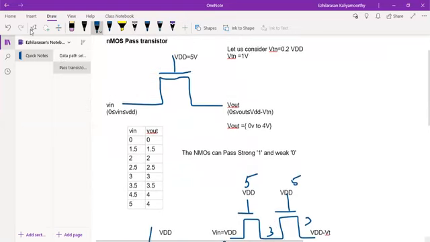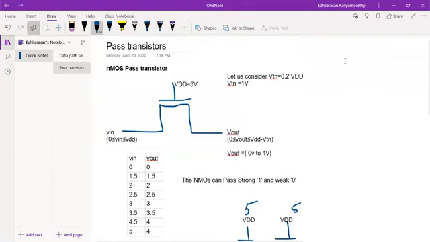Now next what we will do, let us study about the PMOS pass transistor. Now let's see the PMOS pass transistor.